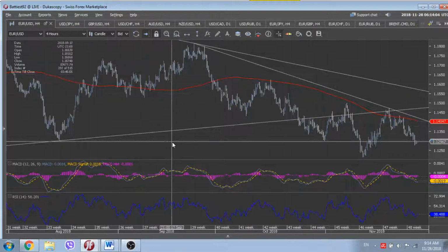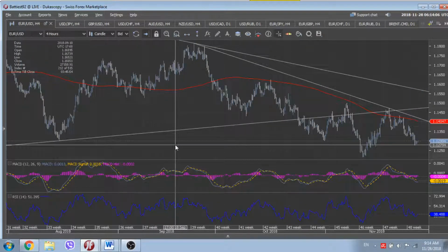As regarding the euro dollar, of course, the euro dollar is under pressure because of much worse than expected economic data coming from the eurozone. Anyway, we should not forget about inflation numbers.